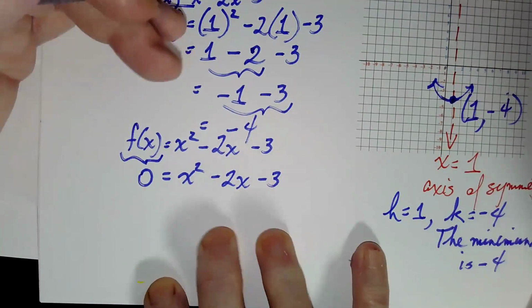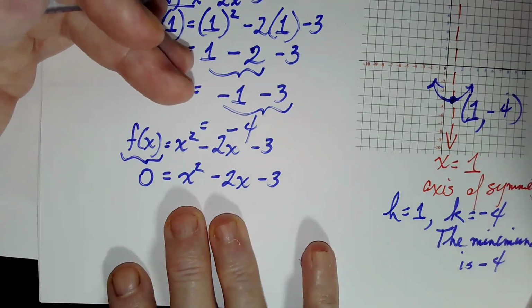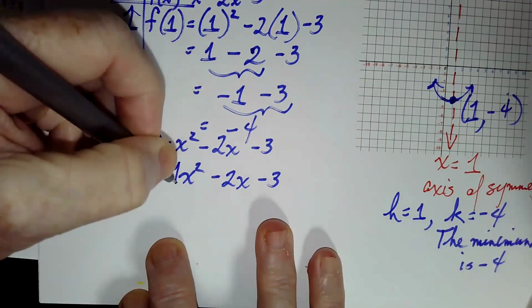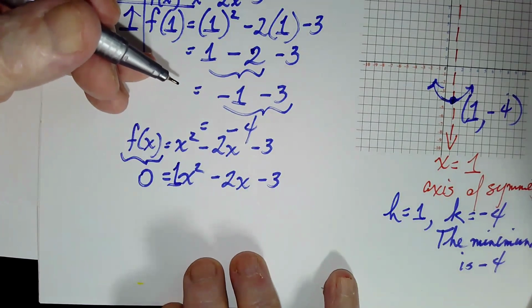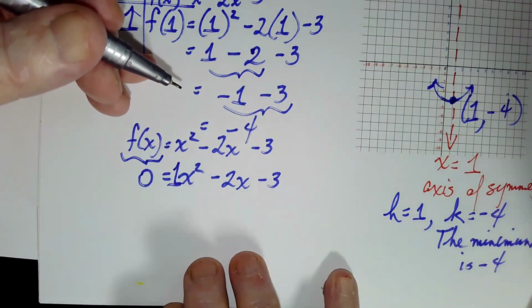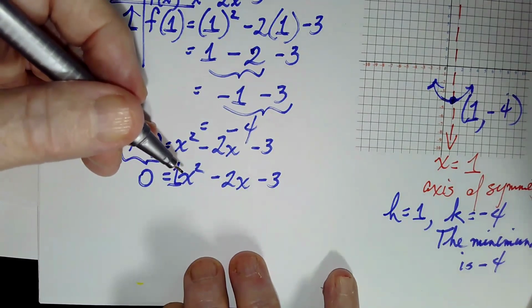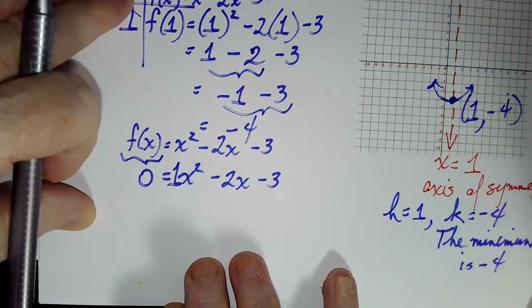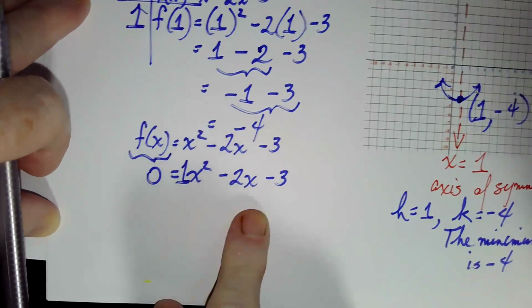What do we do with it? Like you taught me before, we put a 1 in front of it. 1 times 1 is 1. But that's not what we do here.